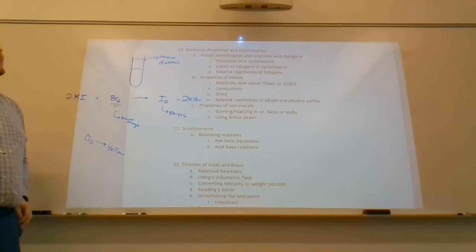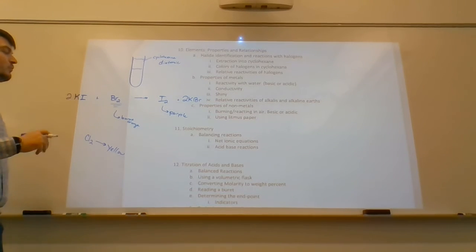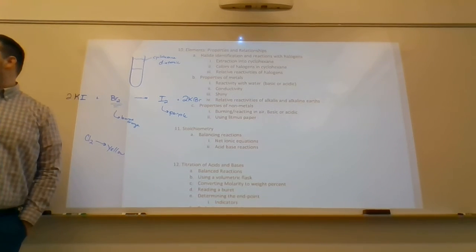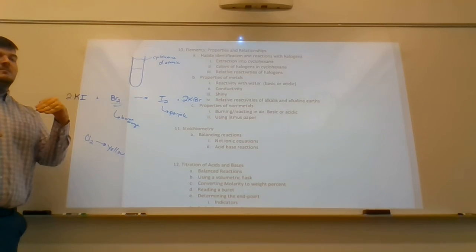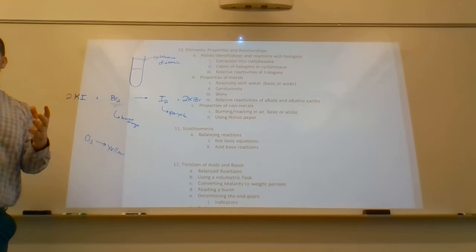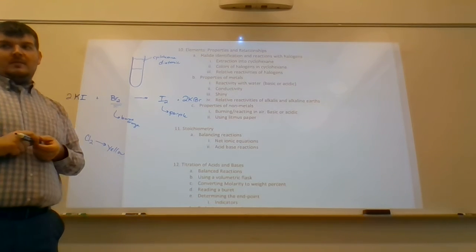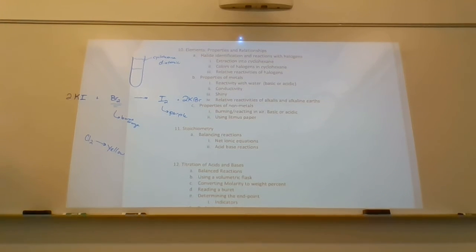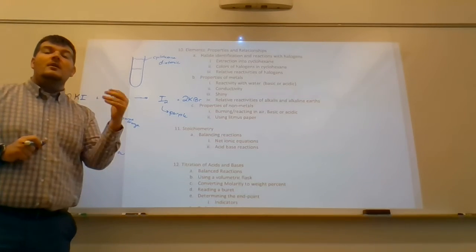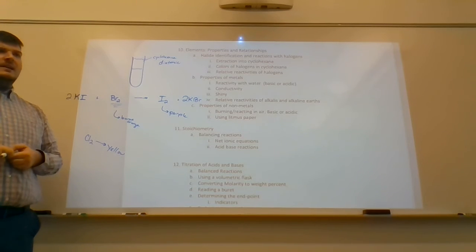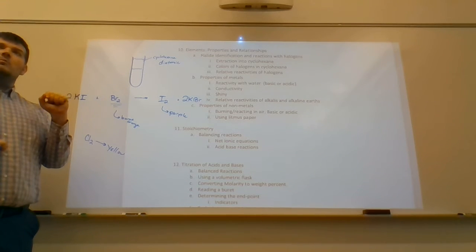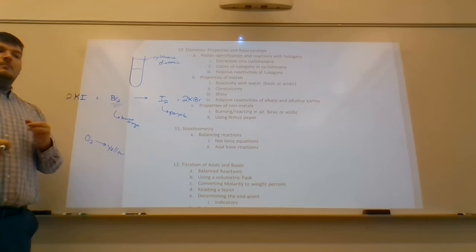Okay. Now, what we need to remember is what trend did we actually see in this experiment? Remember, the whole goal of this experiment was to make some general blanket statements on reactivity. What was more reactive? The top of the column, for example, chlorine, or the bottom of the halogens, for example, iodine? Was iodine more reactive, or was chlorine more reactive?